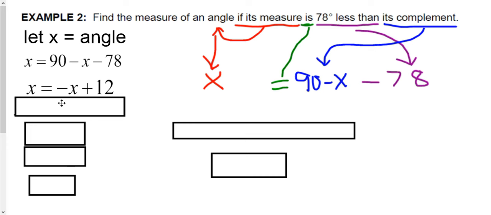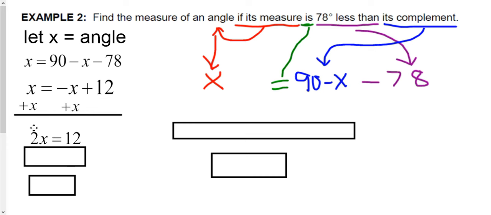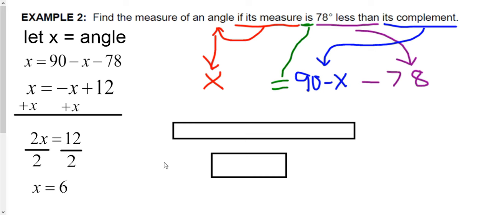We've got x's on both sides, so I'm going to get rid of that negative x with plus x. So now x plus x is 2x equals 12, divide by 2, and we get x equals 6. So the measure of the angle is x. Let x equal this angle we're looking for, so this equals 6.